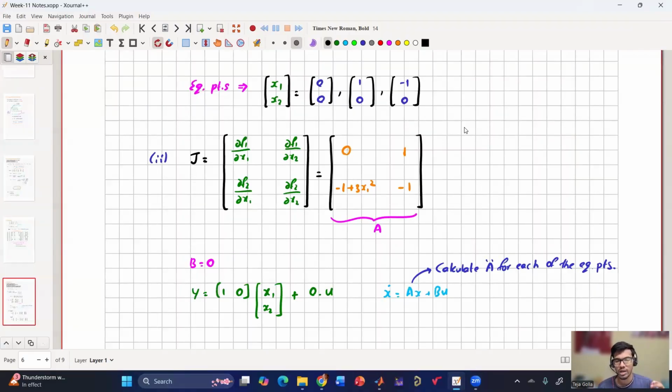So the initial condition will very much guide the trajectory, or how x1 and x2 are varying, because the initial condition decides around which operating point we have started, and that decides the stability. That will guide whether x1 and x2 will move away from the operating point or move closer to it.